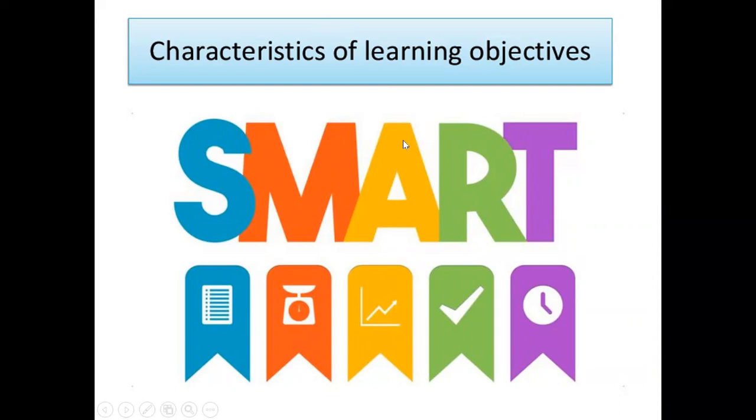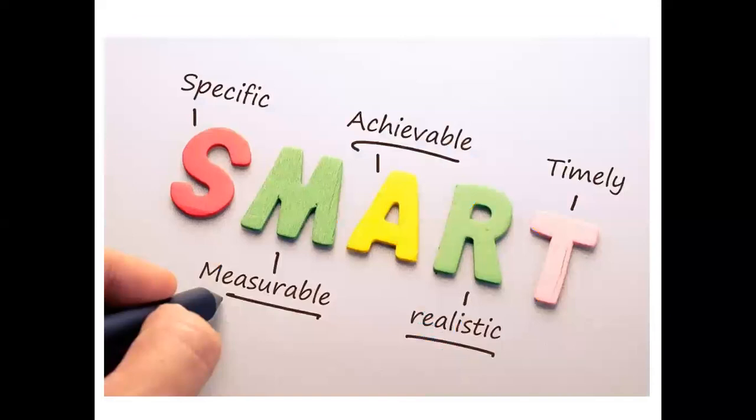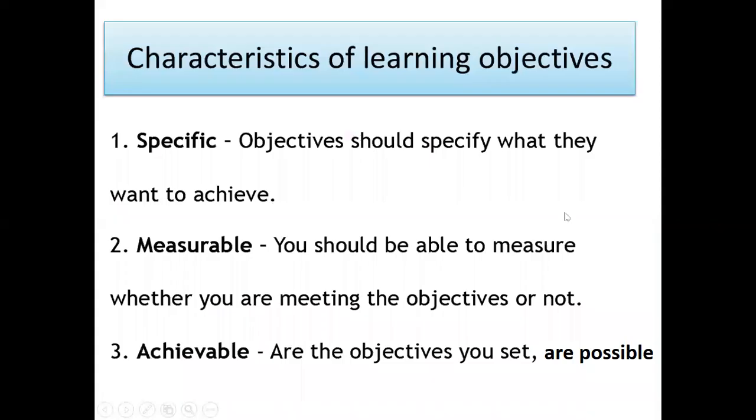It should be attainable, achievable. It should be realistic, as well as relevant, and it is time bound as well. So what does this word mean? Specific, measurable, attainable, relevant, and time based. It also means specific, measurable, achievable, realistic, and time.